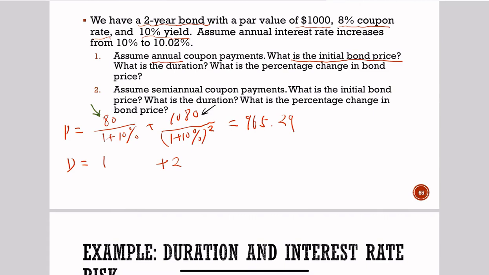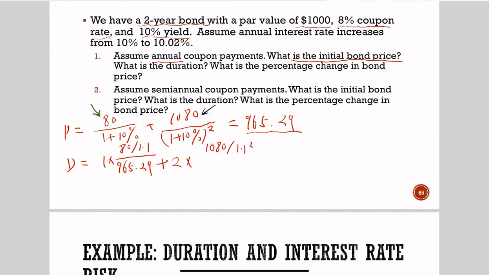So you can see that here the present value of the cash flow is given by $80 divided by 1.1. And bond price is here, 965.29, right? And now the weight for the second cash flow is 1080 divided by 1.1 squared.